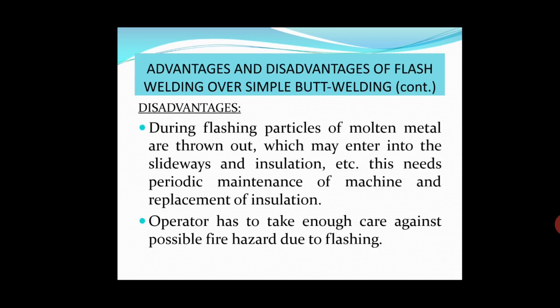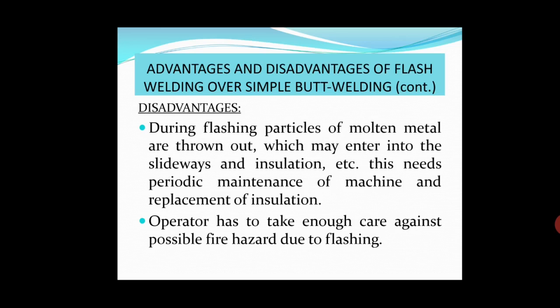And disadvantages: during flashing, particles of molten metal are thrown out, which may enter the slide wedge and insulation. That is why periodic maintenance of the machine and replacement of insulation is required.